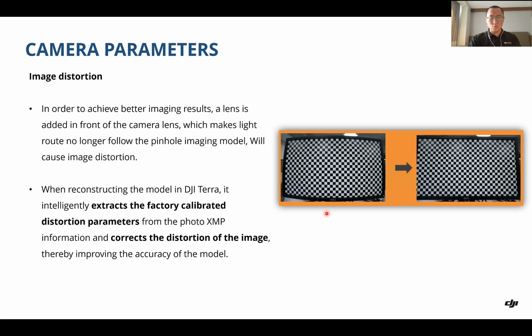When we do the model reconstruction in DJI Terra, it will intelligently extract the factory-calibrated distortion parameters from the photo XMP information and correct the distortion of the image, thereby improving the accuracy of the model and raising the efficiency.